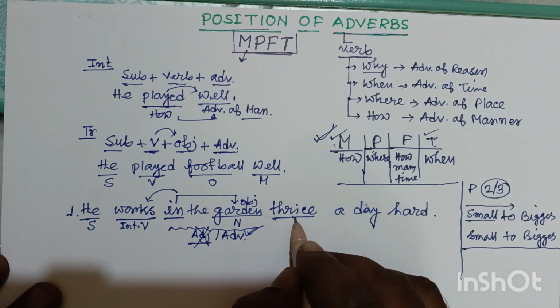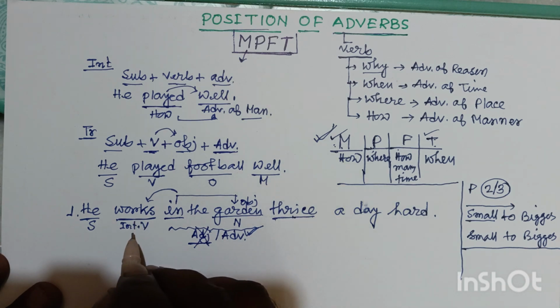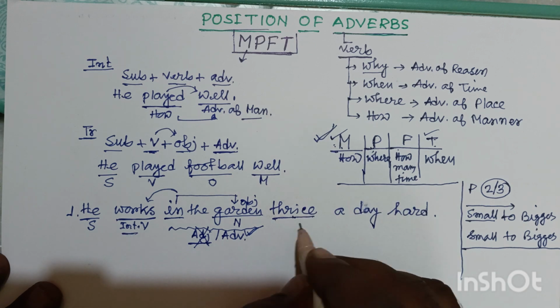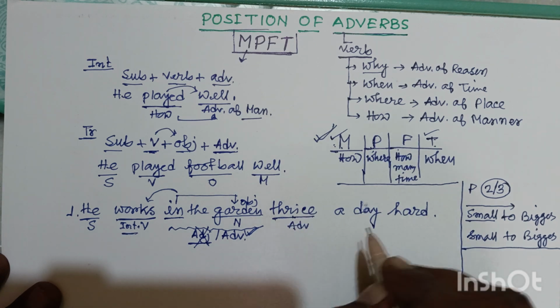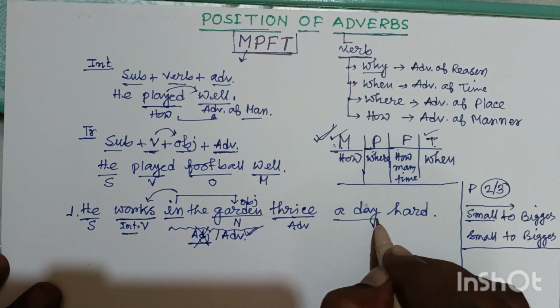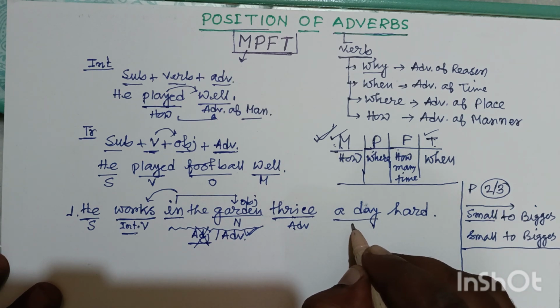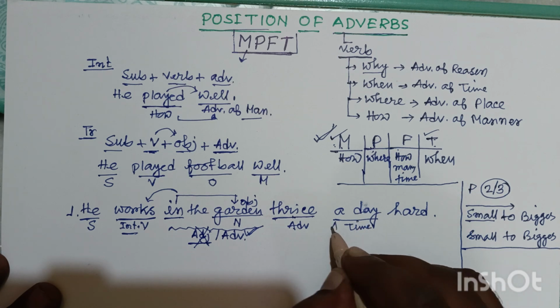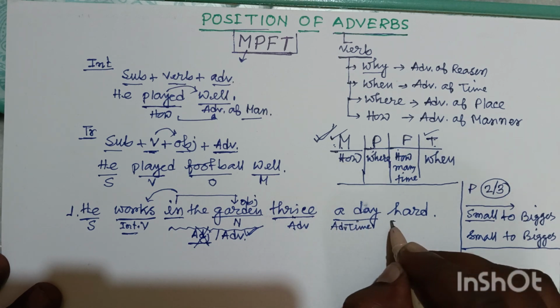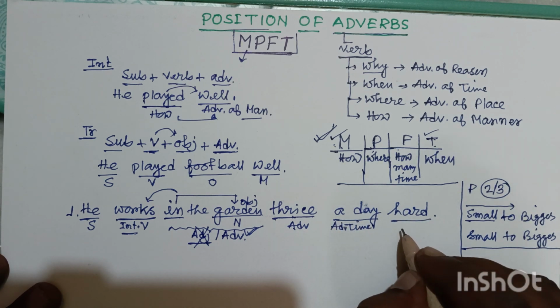Thrice means 3 times. That also refers to the verb, so it is also an adverb. A day, it is time. So it is also an adverb. Hard means how the action is done.